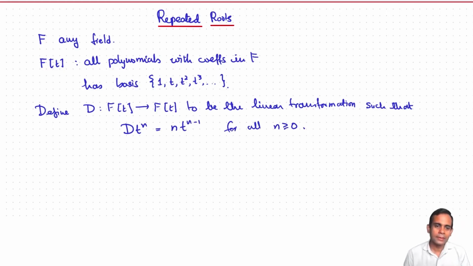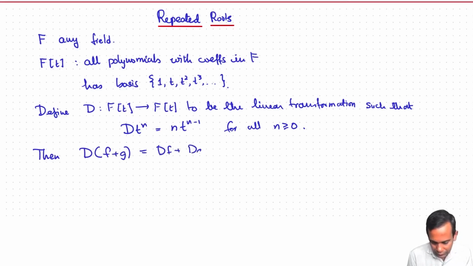Okay, so this formally defined derivative has no limit if you're working over, say, a finite field or over rational numbers. There's no clear notion of a limit. But this derivative does satisfy many of the same formal properties that ordinary derivatives satisfy. So, for example, d of f plus g is df plus dg for all f, g in F[t].